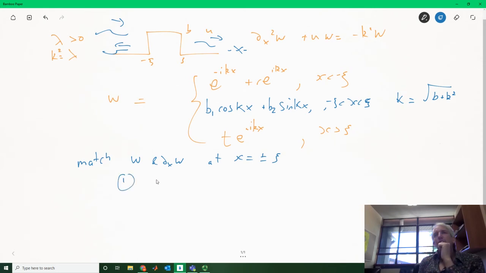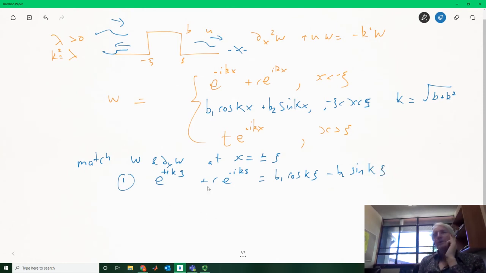So the first equation, at minus zeta, is e to the I k zeta plus r e to the minus I k zeta is equal to b1 cos kappa zeta, because cos is even, minus b2 sine kappa zeta.